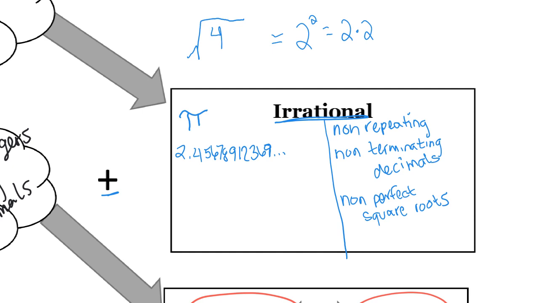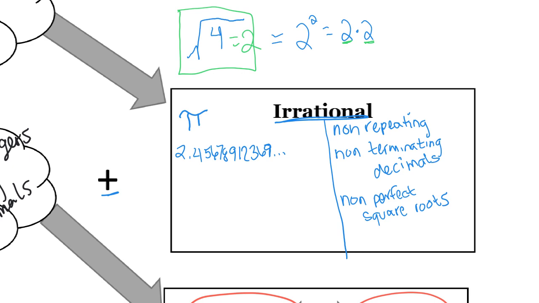So if we look at just the square root of 4, we would have to figure out what times itself gives us 4, because that's what a square root's asking. We have to multiply the same thing twice because square means 2. So the square root of 4 equals 2, right? Because 2 twice gives us 4.